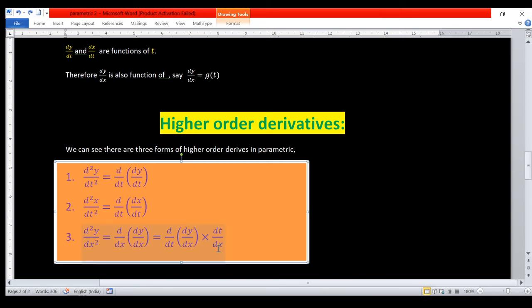See, dt cancels like that, and we get d/dx of dy/dx, the previous equation, which is actually the definition of the second order derivative. I said dy/dx can be taken as g(t). Therefore, first we differentiate dy/dx with respect to t, and then multiply dt/dx. dt/dx is nothing but the reciprocal of dx/dt. That much is the concept behind finding d²y/dx².